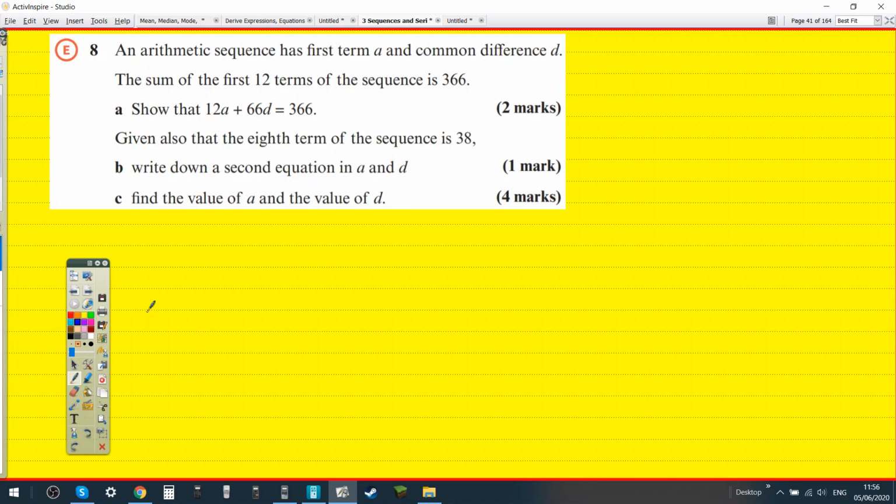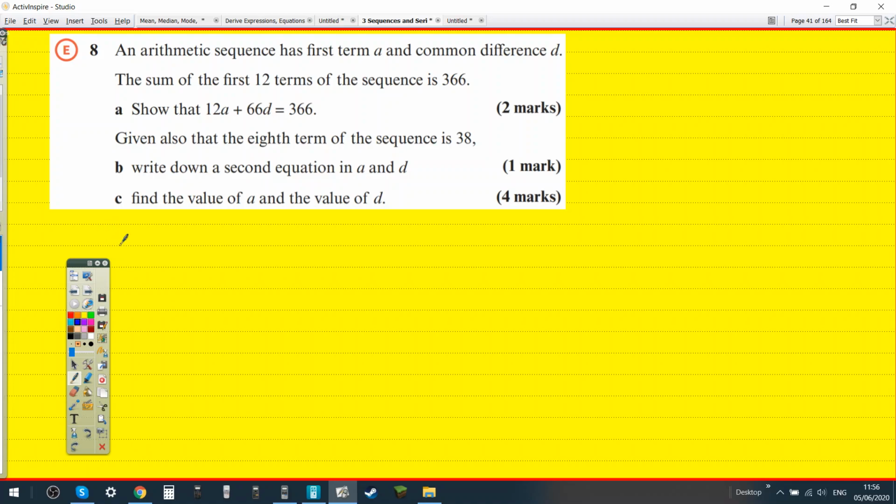Wouldn't it be something like 12a plus 11d equals 366?